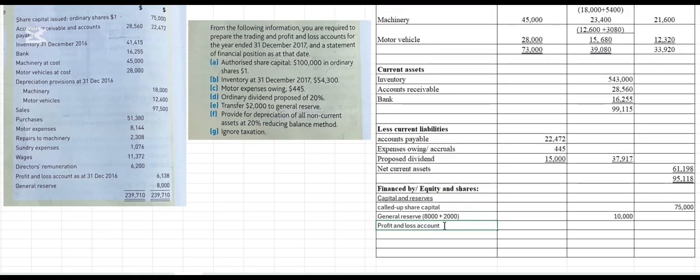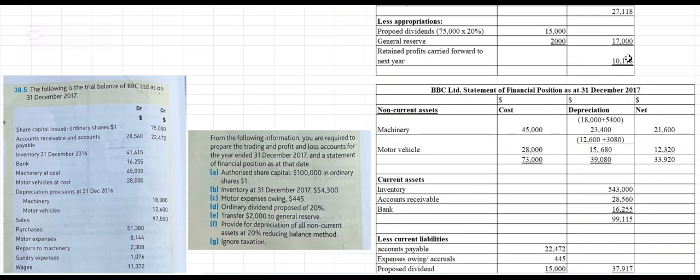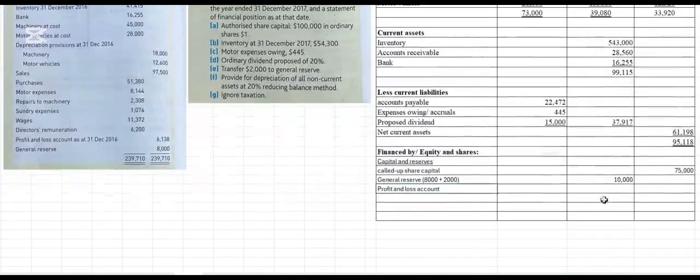When they have the profit and loss account like this, they're referring to the final figure you'd have arrived at from your profit and loss account, and that would be the retained profits that you would carry to next year. And that amount is based on our trading profit and loss account, 10,118.